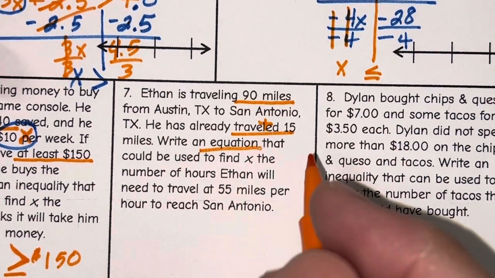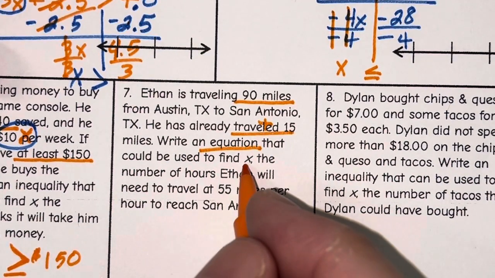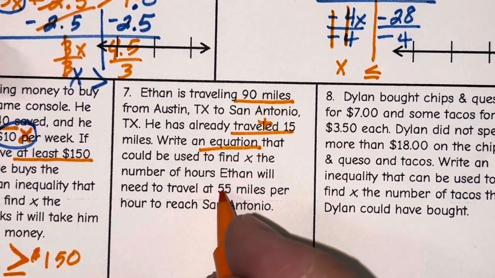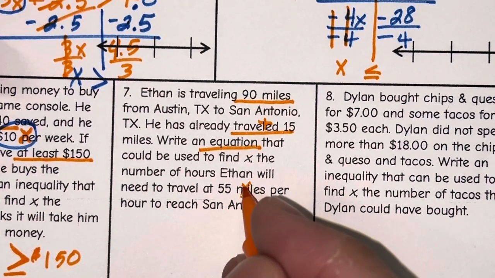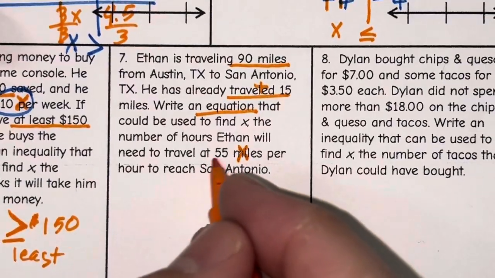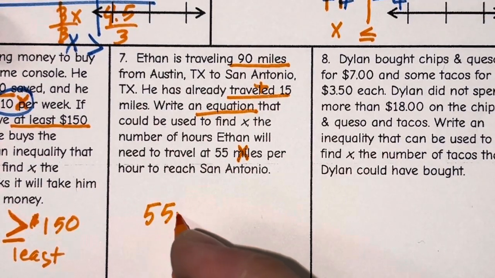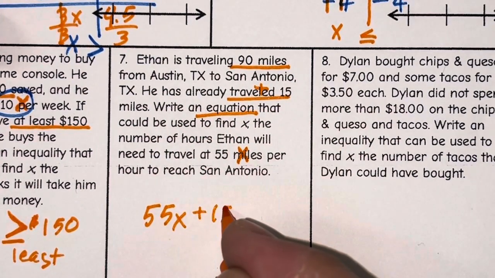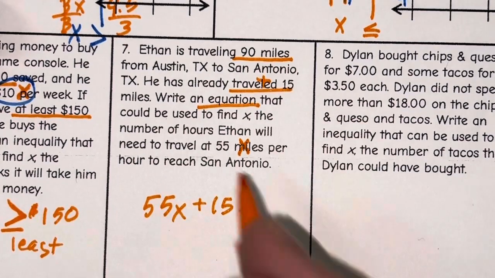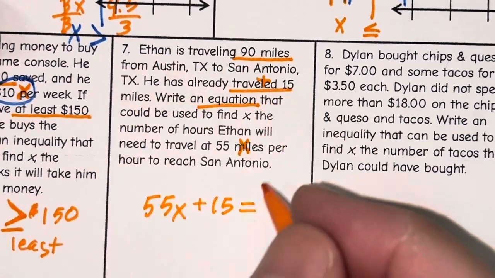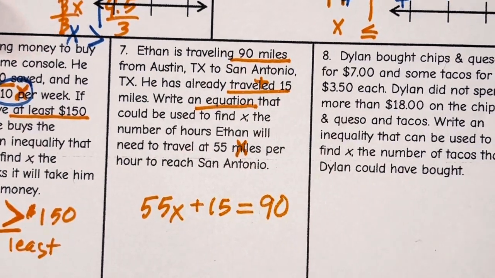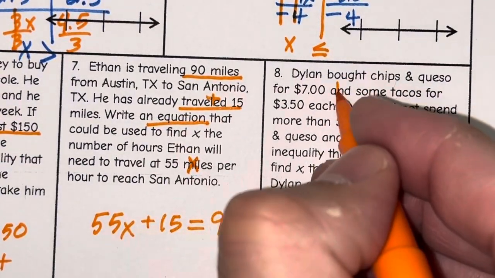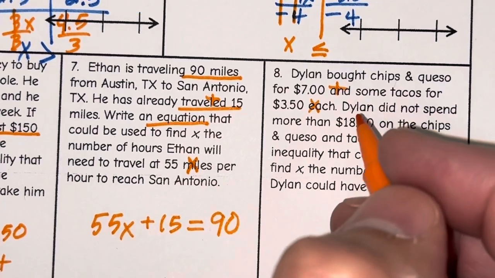Write an equation that can be used to find x, the number of hours Ethan will need to travel at 55 miles per hour. That's each, per, so times x. So 55x, and he's already traveled 15, but the total amount that's being traveled is going to be 90. $7 and $3.50 each.